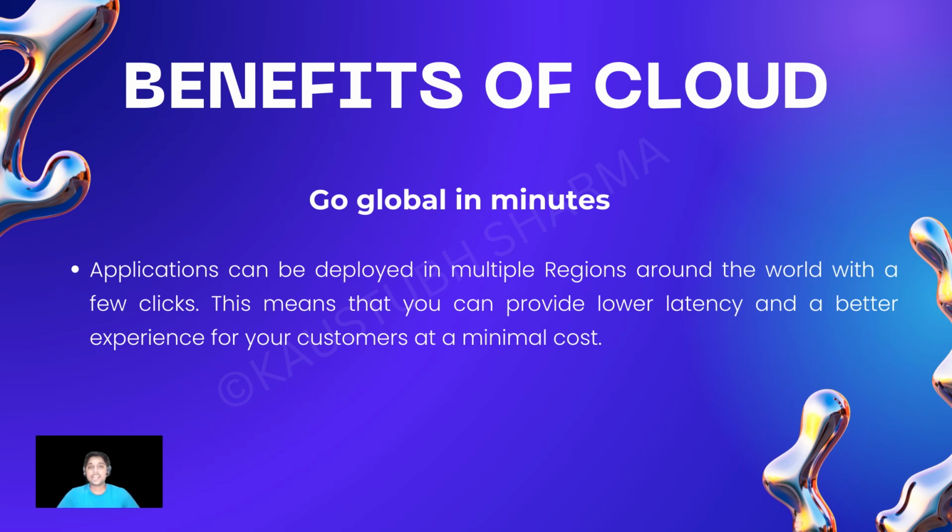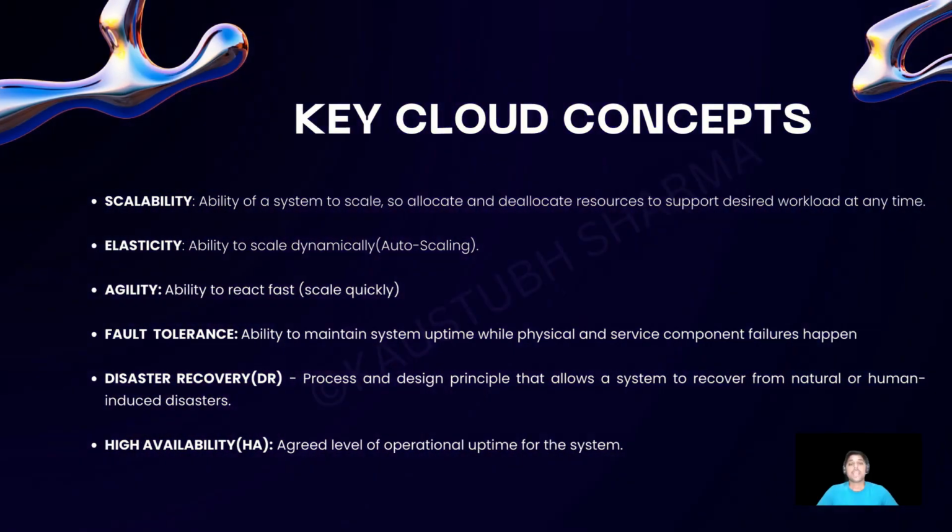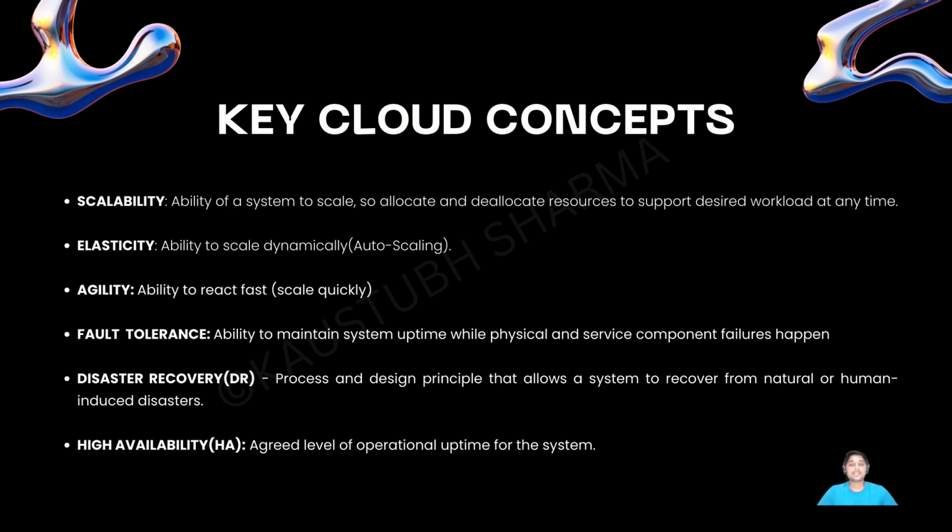Even in the case of data privacy laws or any other government restriction, like you cannot take data out of the country, you can easily set up your resources in that country with the help of cloud at a very minimal cost. And usually as well, we set up resources near our user base so that they face less delay or latency while accessing the application. AWS provides all these abilities and benefits with all their resources.